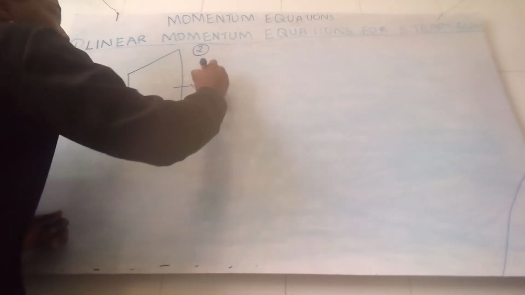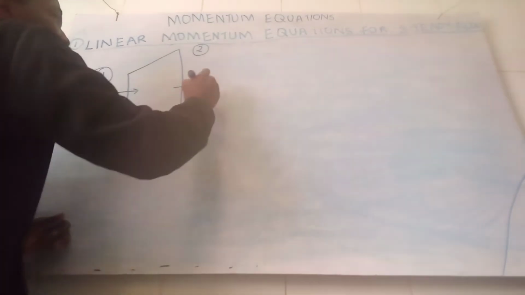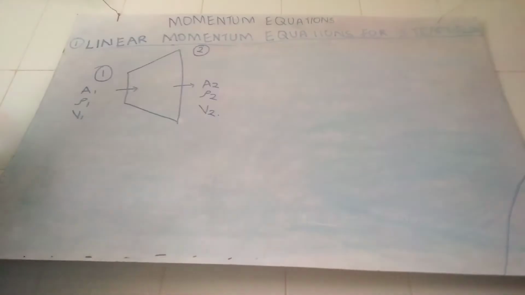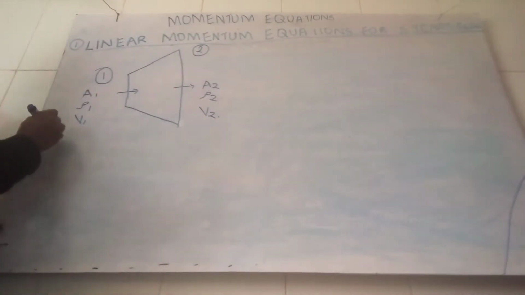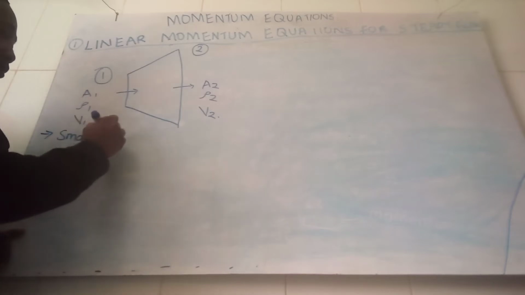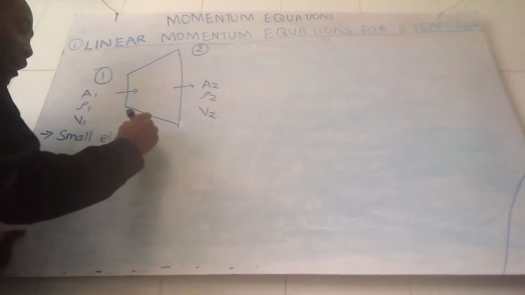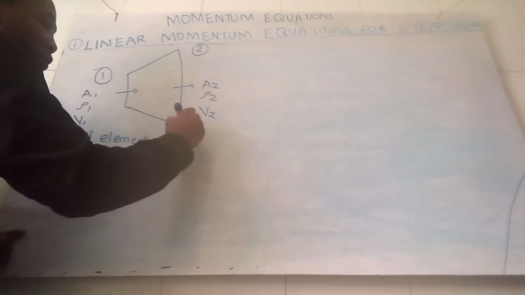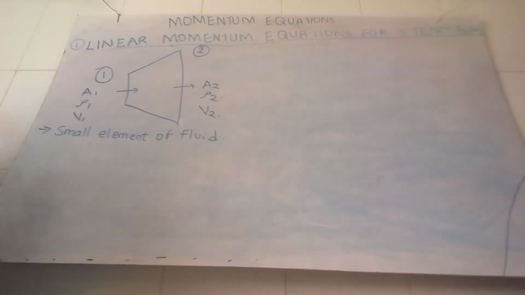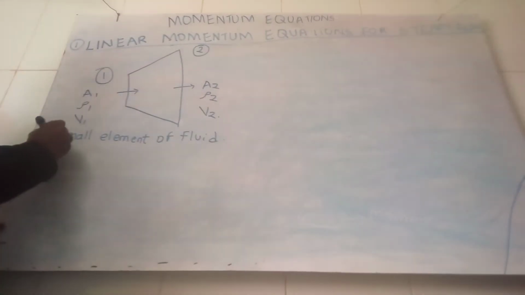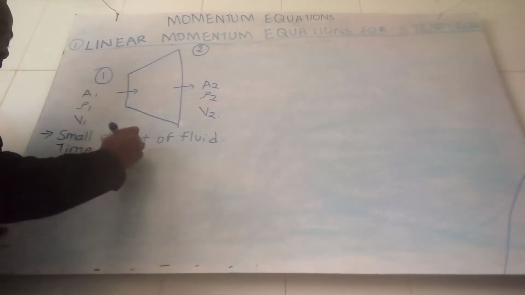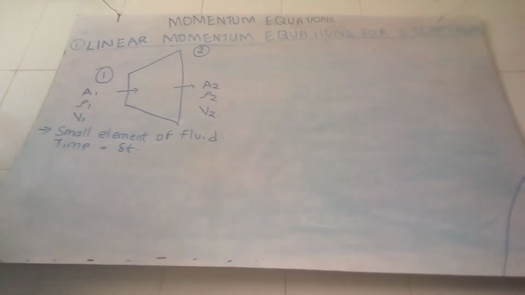At point 2, area is a2, density rho 2, and velocity v2. We are going to consider a small element of fluid, and it is traveling through a short time interval, which is represented by differential of t.